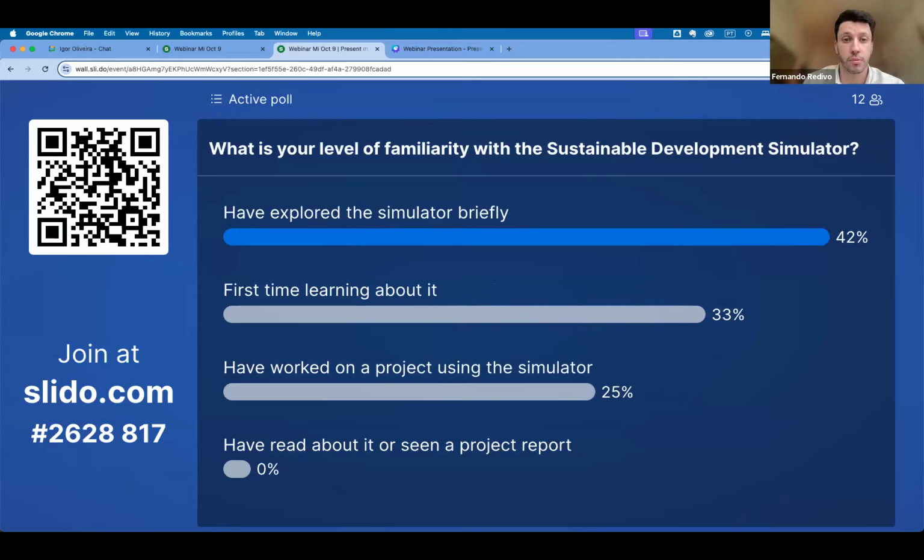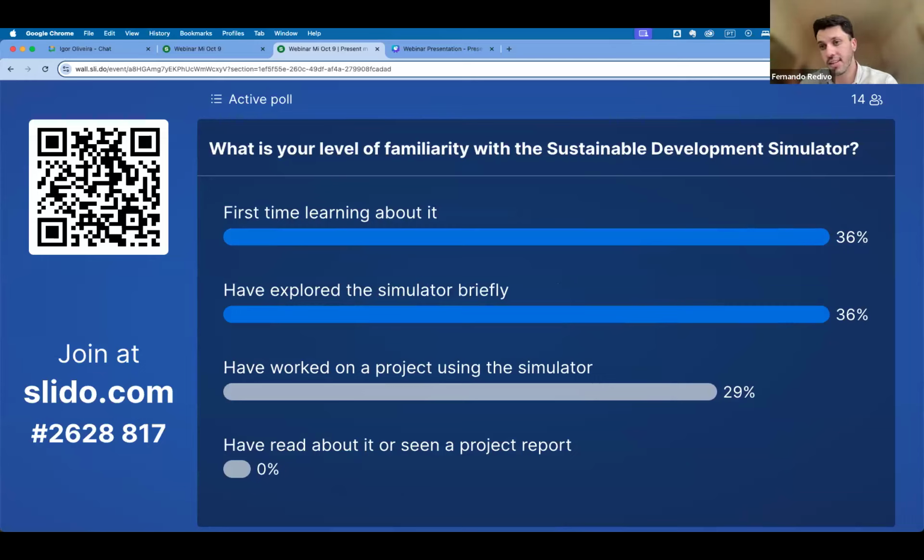I think this is a good overview of the model capabilities. And I see some more responses coming in. So we have a tie between first time learning about it and have explored the simulator briefly, hopefully maybe in a project we've worked on in the country.